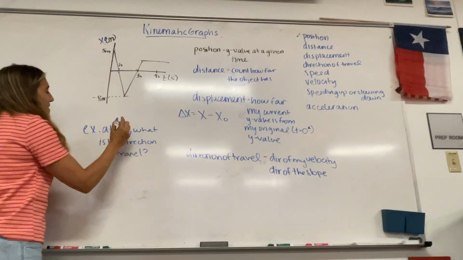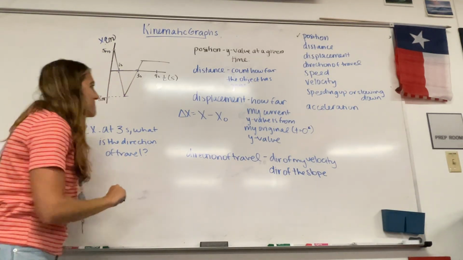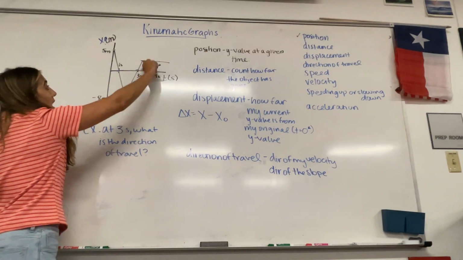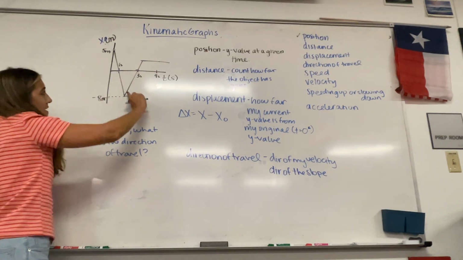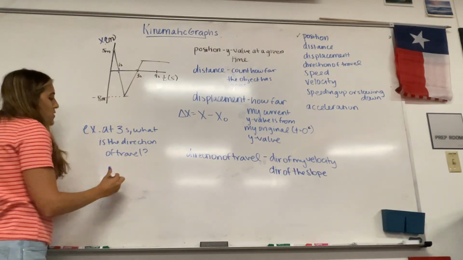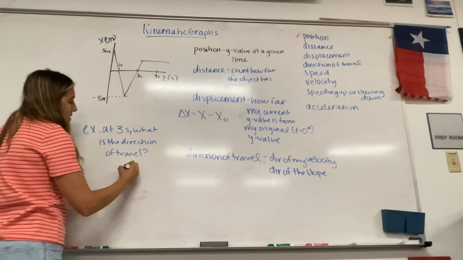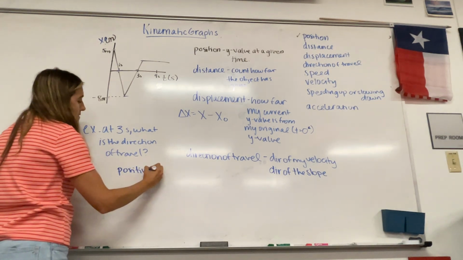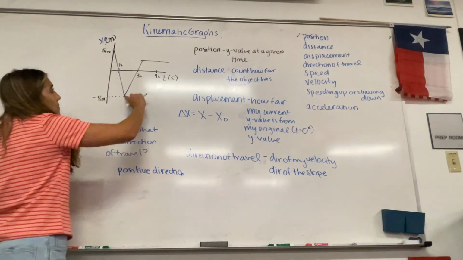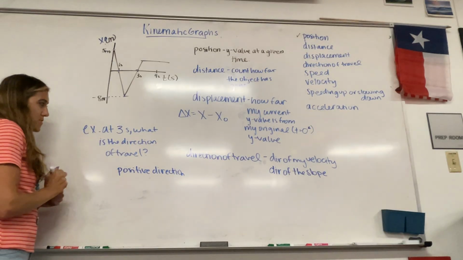Let me make that 3 seconds. It's changing directions at 2 seconds. Ignore that. At 3 seconds, my slope is positive, right? I'm increasing. I have a positive slope. So that means I'm traveling in a positive direction.